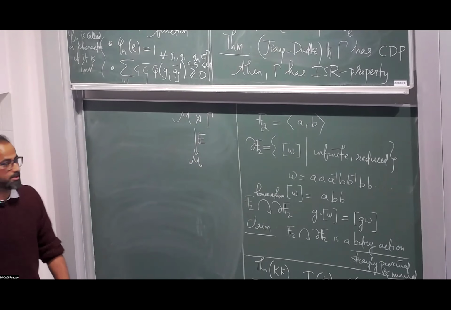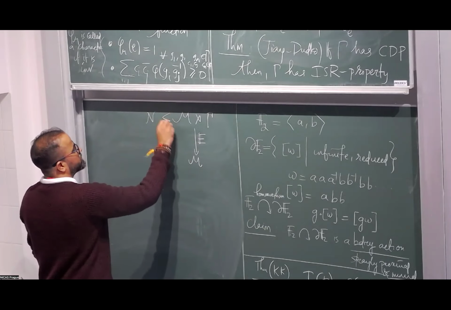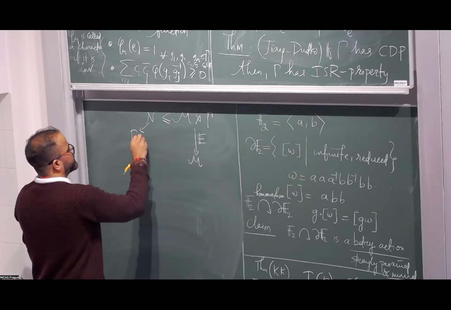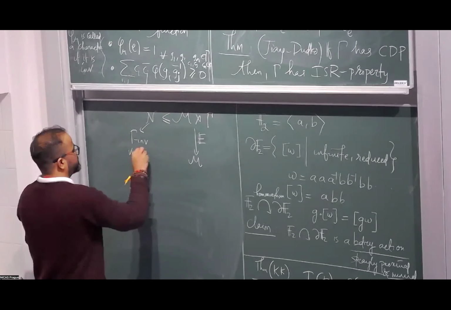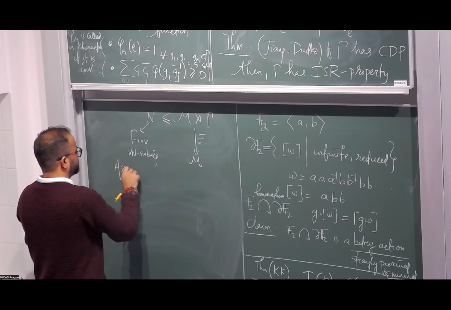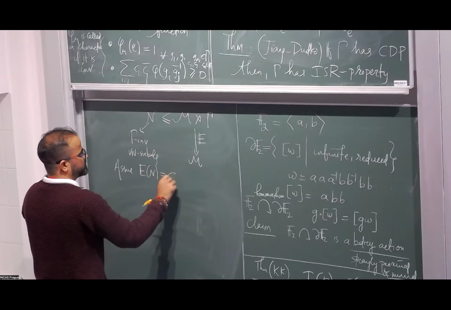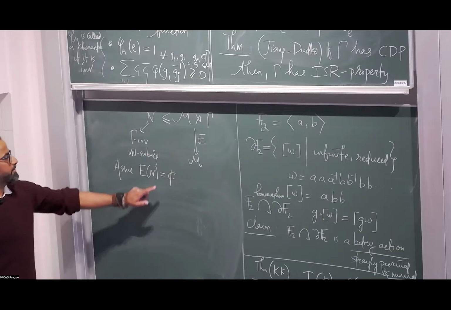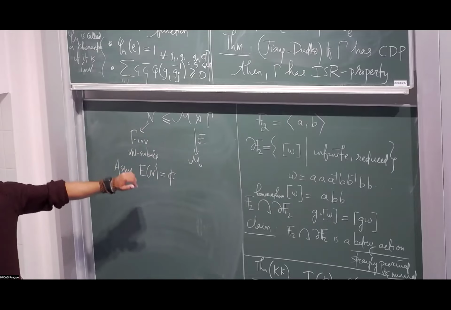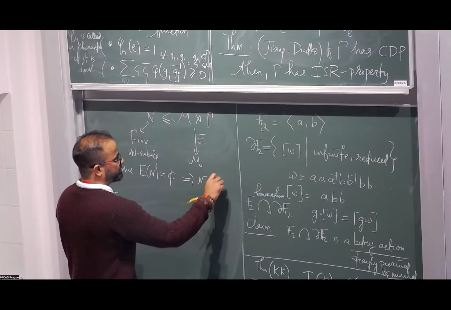to M, right? Now I pick N here, which is a gamma invariant von Neumann subalgebra. Assume E of N is C, in the sense that the canonical expectation takes it to C. Does this imply that N is already inside L gamma?